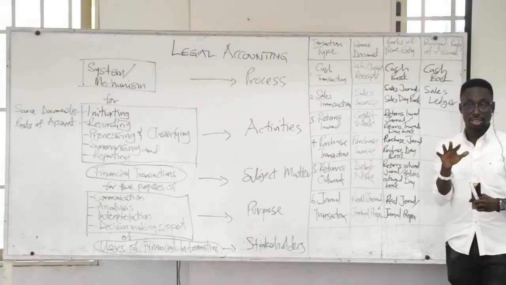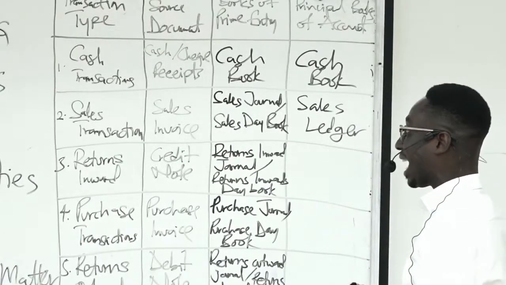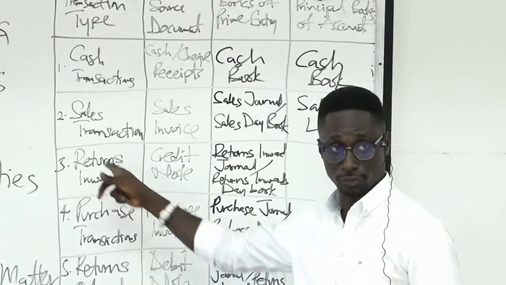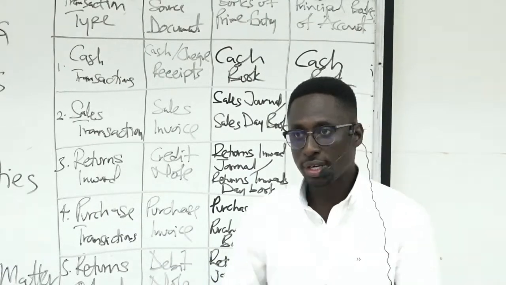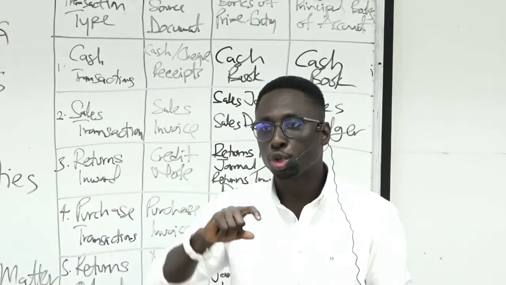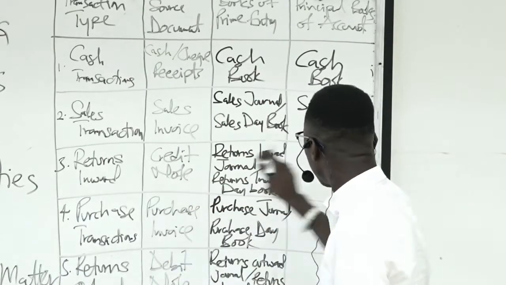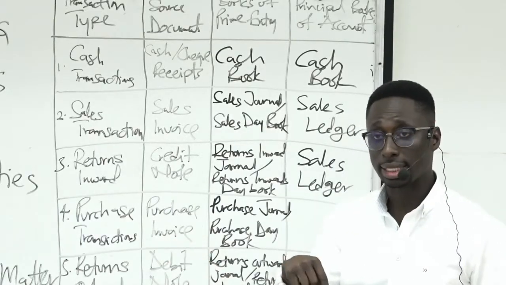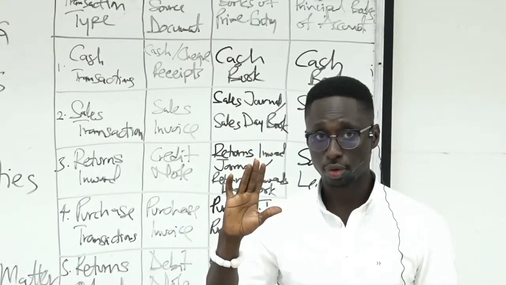So this is of sales transactions, because a return inward in a sales transaction ultimately is a revenue and a receivable. Does it make sense? Do we understand it? I said the books of prime entry, all right?